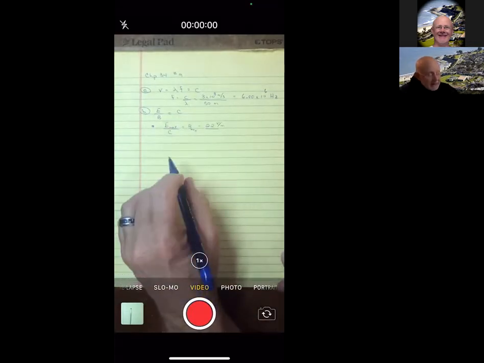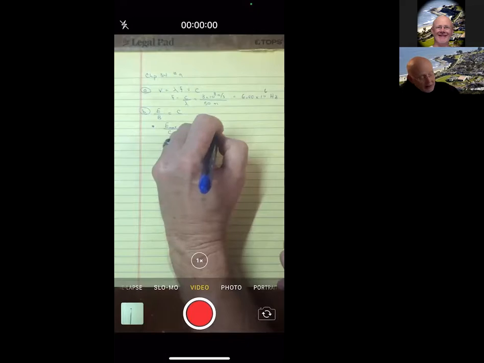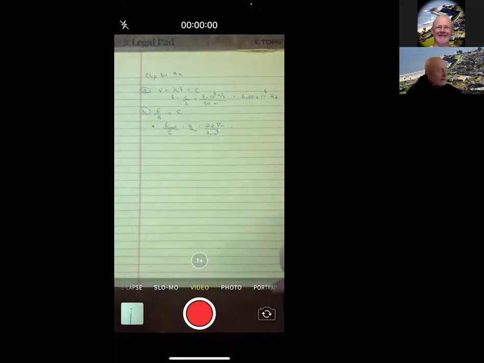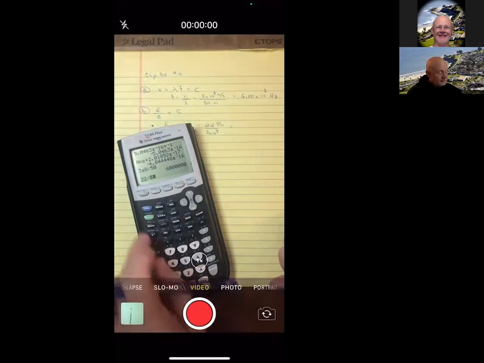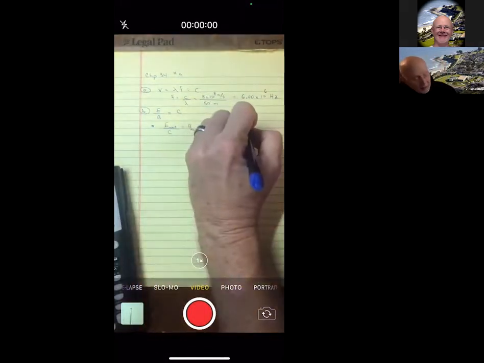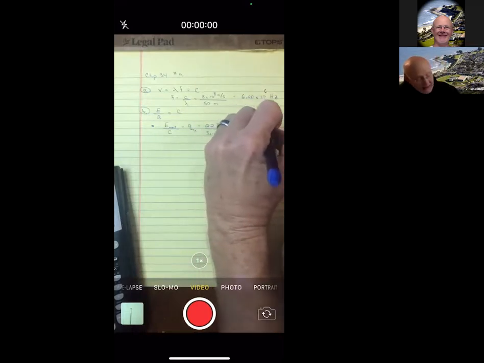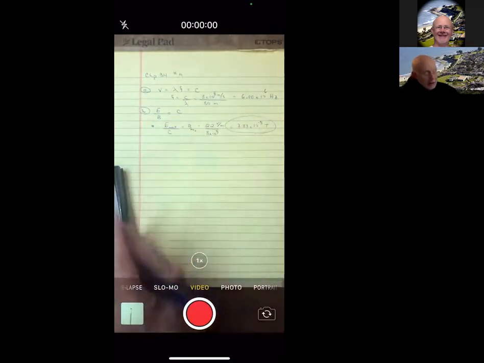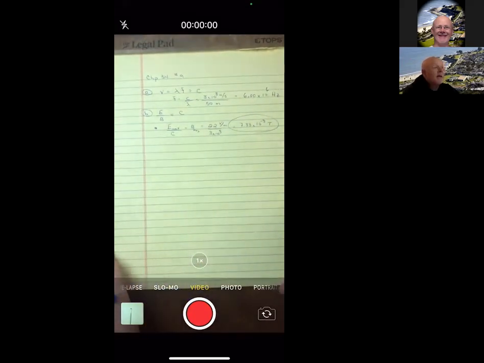And so if we divide that by the speed of light, we get 7.33 times 10 to the minus 8 Tesla. So this would be the maximum magnetic field.